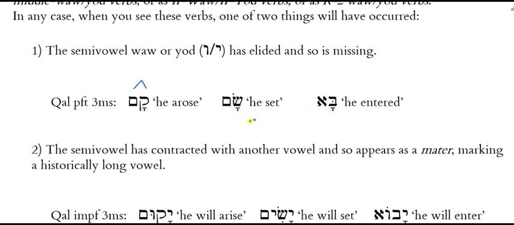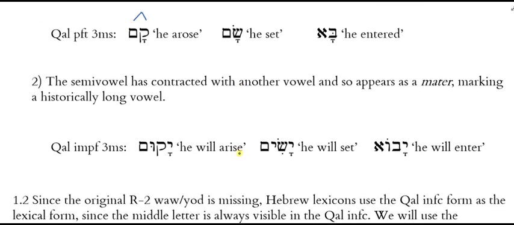Two consonants, no middle consonant. So you won't see the typical three consonantal root letters that we're used to. So that's one thing that can happen: the yod or vav, the middle letter, will be missing. And that's why these are called hollow verbs, by the way. It's missing the middle. It's missing the hamburger between the two buns, as it were.